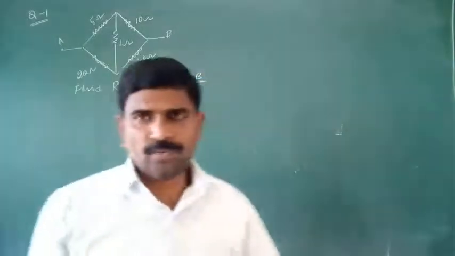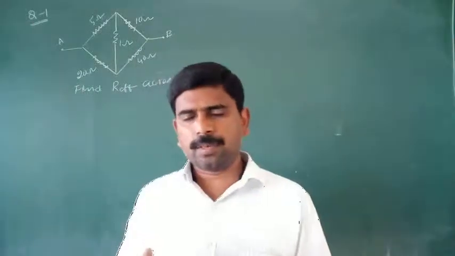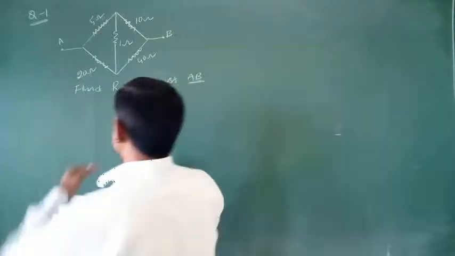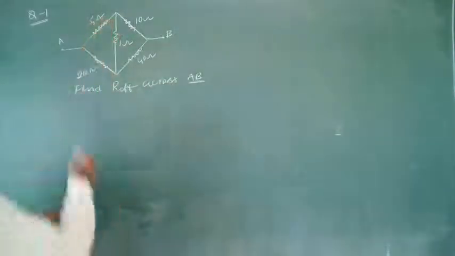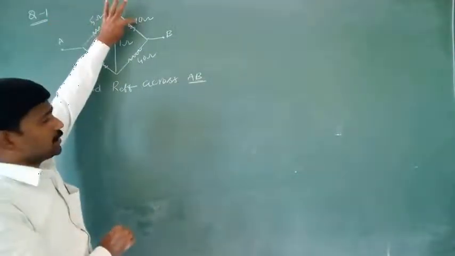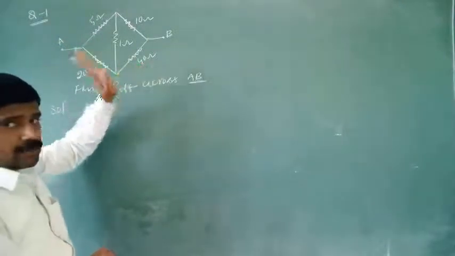First of all, try to observe whether the given circuit is a balanced Wheatstone bridge or an unbalanced Wheatstone bridge. This is the bridge. Here P is equal to 5, Q is equal to 10, R is equal to 20 and S is equal to 40.